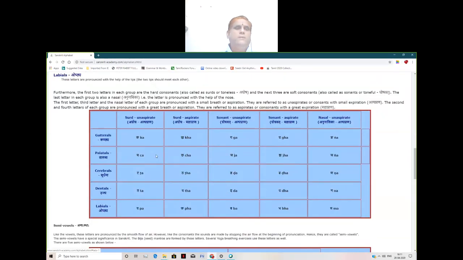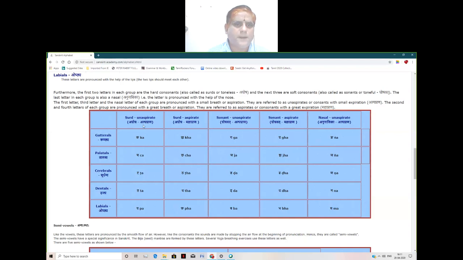Now, here is one important thing I have to tell you in this table you see on the screen. The first box, ka, is given, and the third one from the beginning. The first one is given here as a title; forget this and see this. Aghosha Alpa Prana is written.